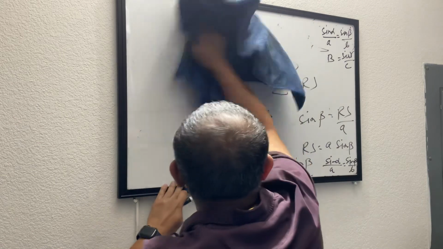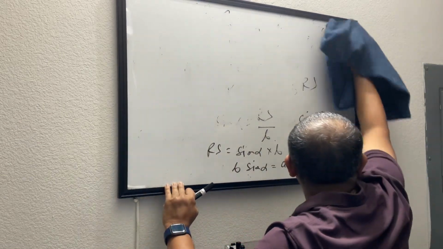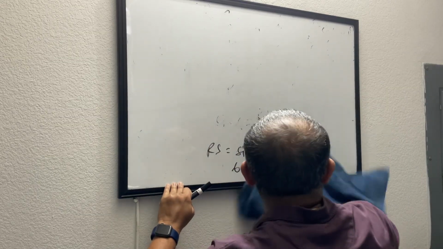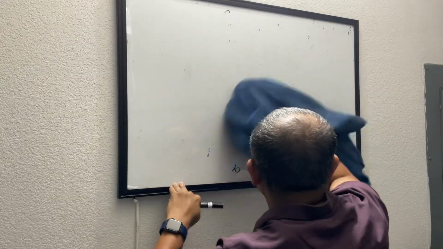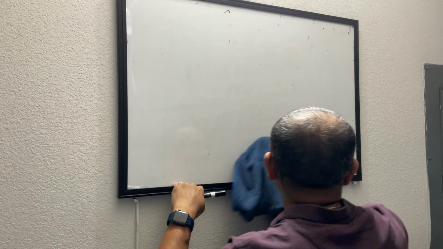So let's register this in our brain or even on the whiteboard that law of sine is a setup, an arrangement for us so that we can relate the angles with the sides of any triangle. So even if you were thinking that trigonometry means right angle triangle, no, keep it out.